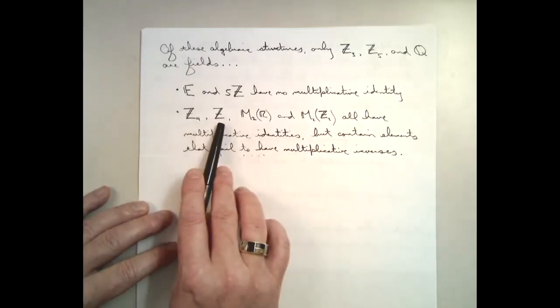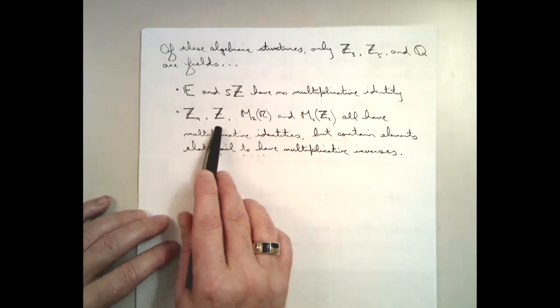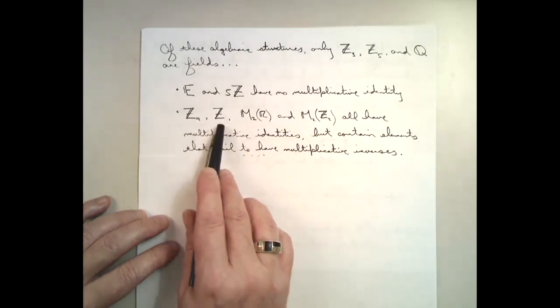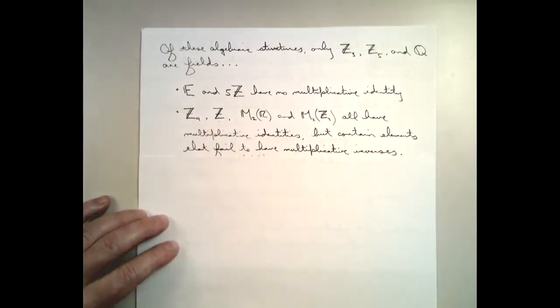Z has the same basic problem, right? No multiplicative inverses. Why? Well, look at 2 here. The multiplicative inverse in Z, let's see. So this is usual multiplication. I would have to multiply by a half in order to get the identity element 1, but 1/2 is not an integer.